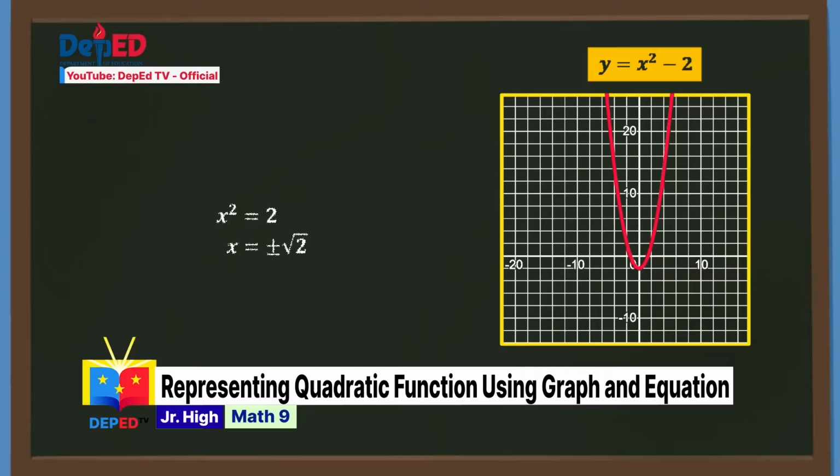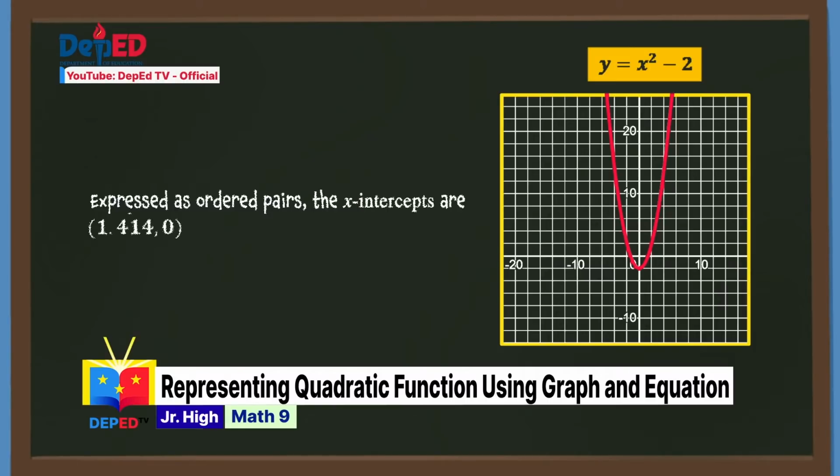To plot these on the Cartesian plane, we shall convert each to decimal. You may use your calculator. When rounded to the nearest thousandths, the x-intercepts of the function are approximately positive or negative 1.414. Expressed as ordered pairs, the x-intercepts are 1.414, 0 and negative 1.414, 0.